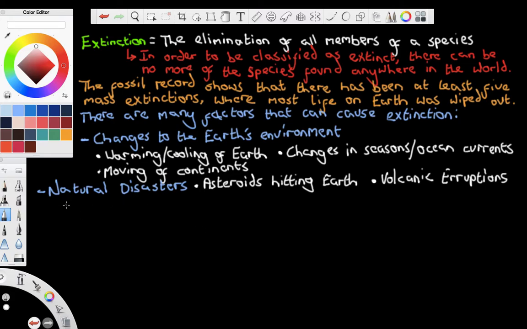These are all examples of natural disasters that can wipe out living things, causing extinction.